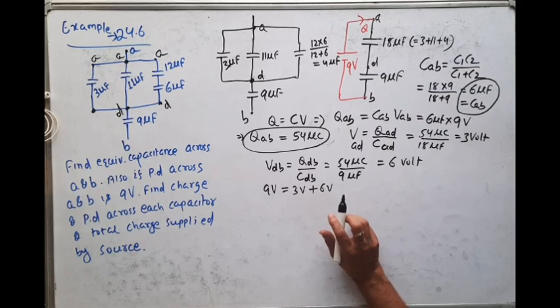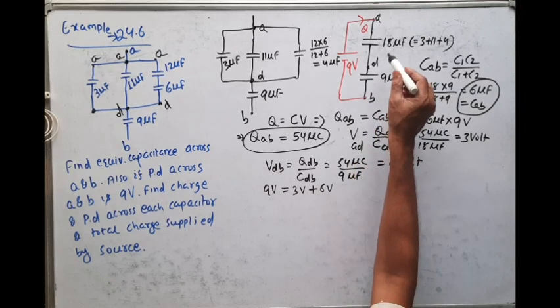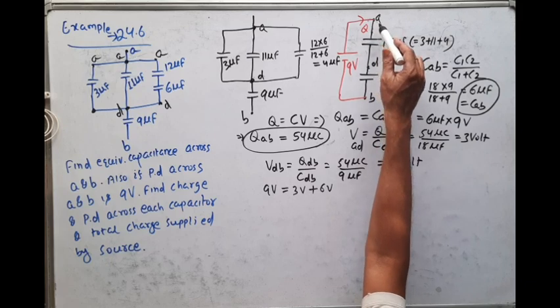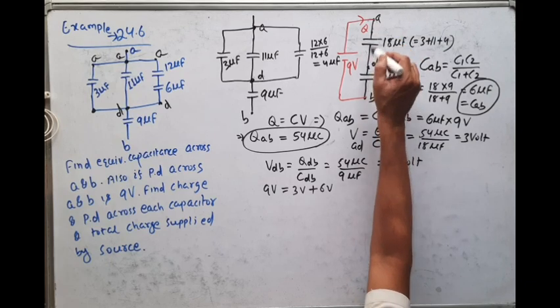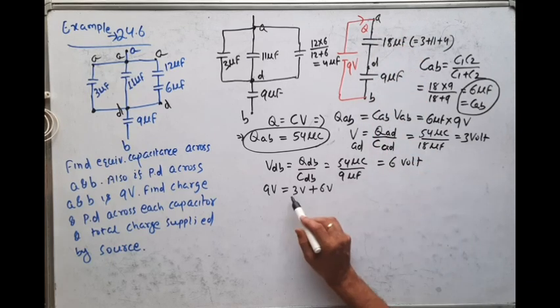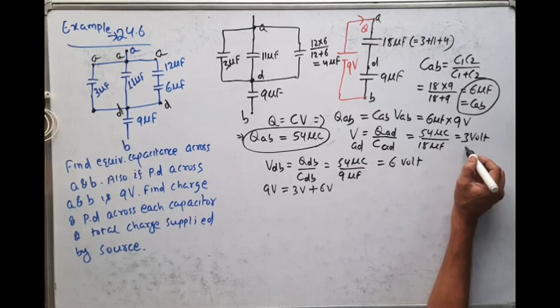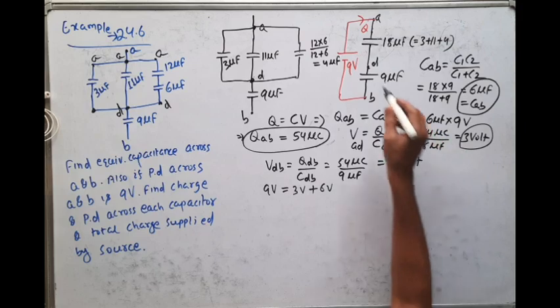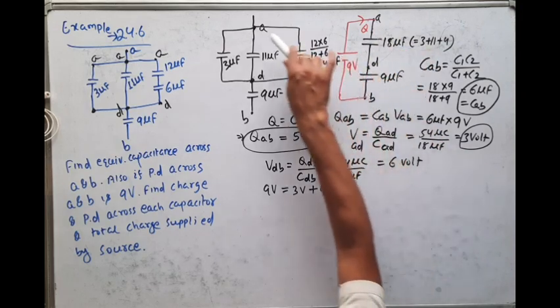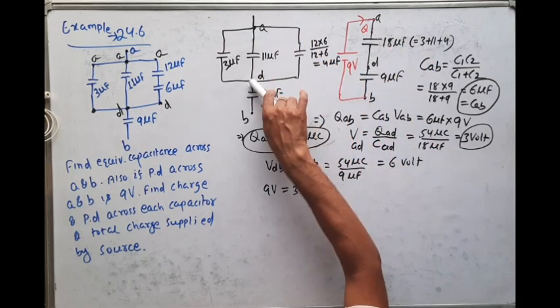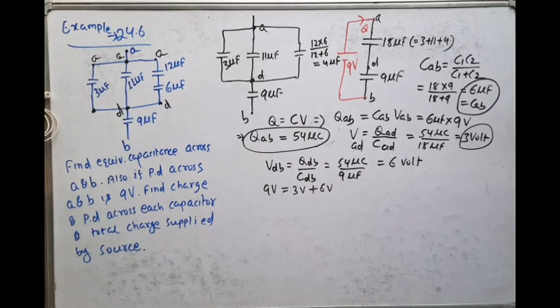Okay. So now you see the voltage across A and D we got 3 volt. This is A point, this is D point. So voltage across A and D is equal to 3 volt.